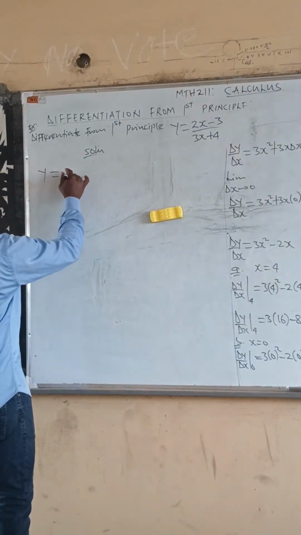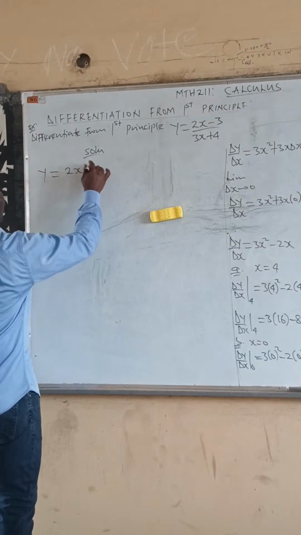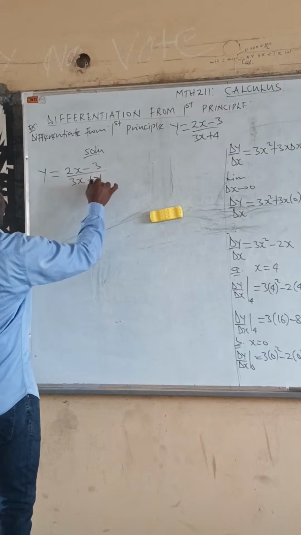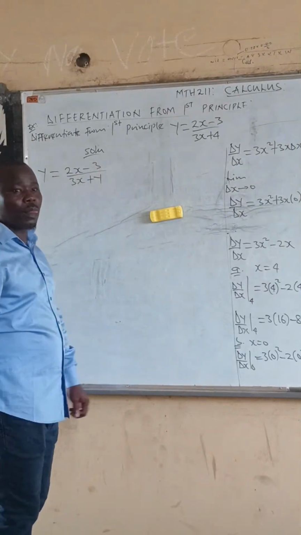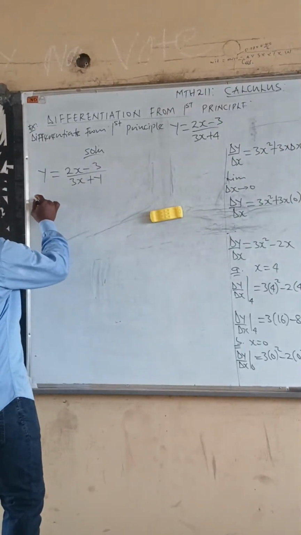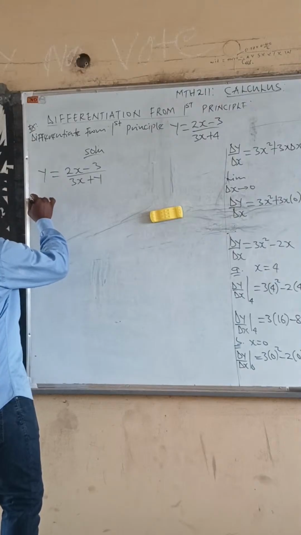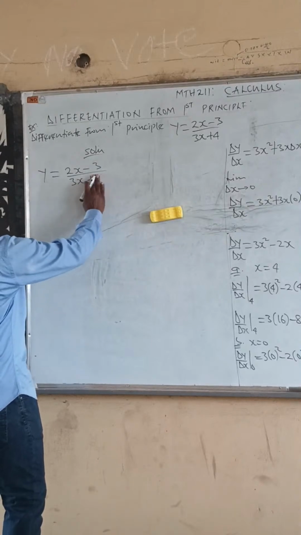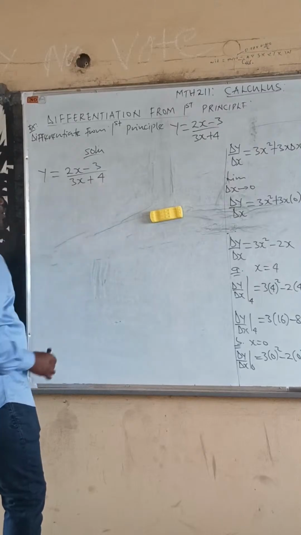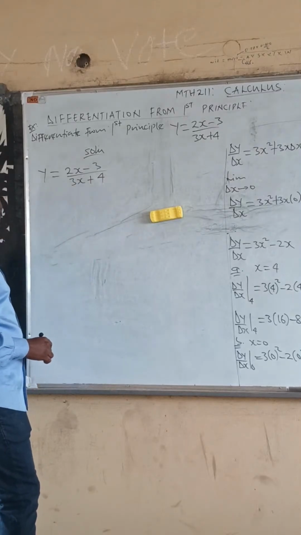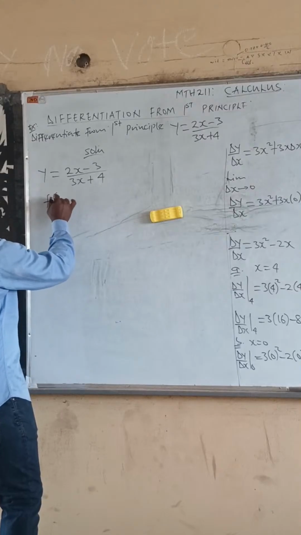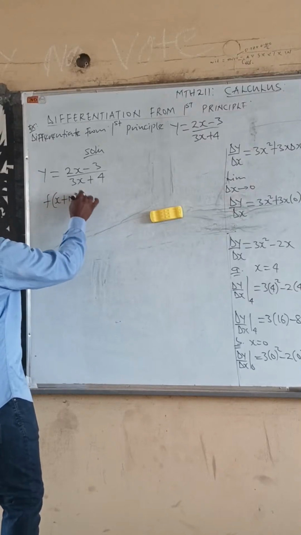And y is equal to 2x minus 3 all over what? And note that our f of x plus dx, true or false.